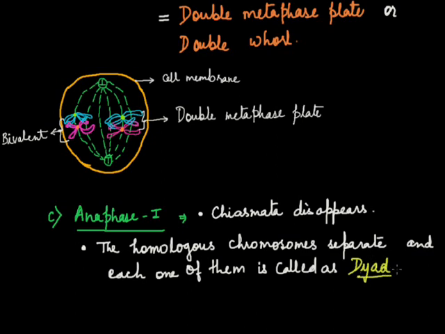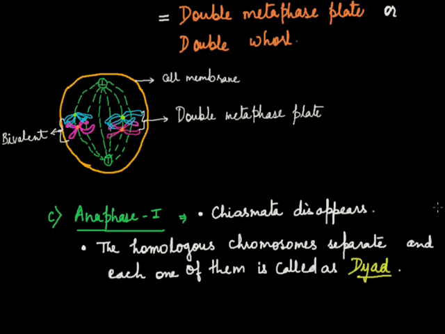Remember, dyad signifies that in each chromosome two chromatids are present. A bivalent has two chromosomes and each chromosome has two chromatids, so in totality a bivalent has four chromatids, therefore it is called a tetrad.